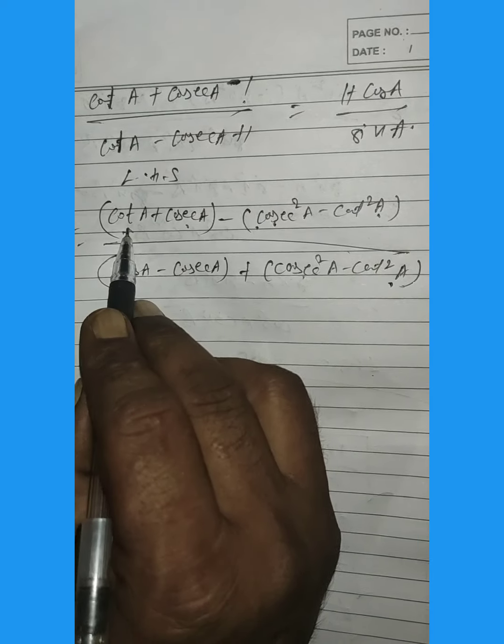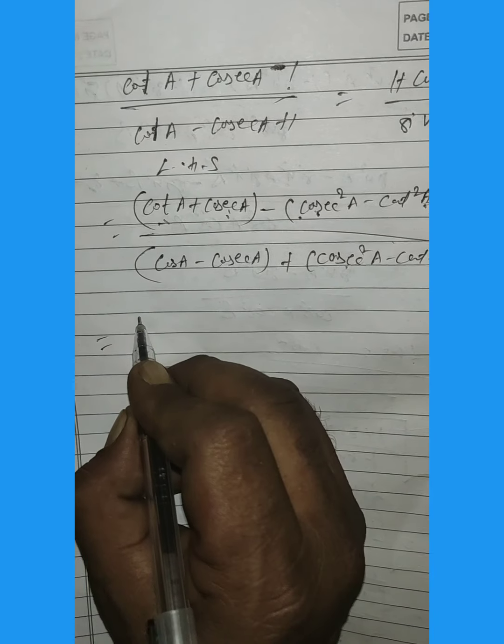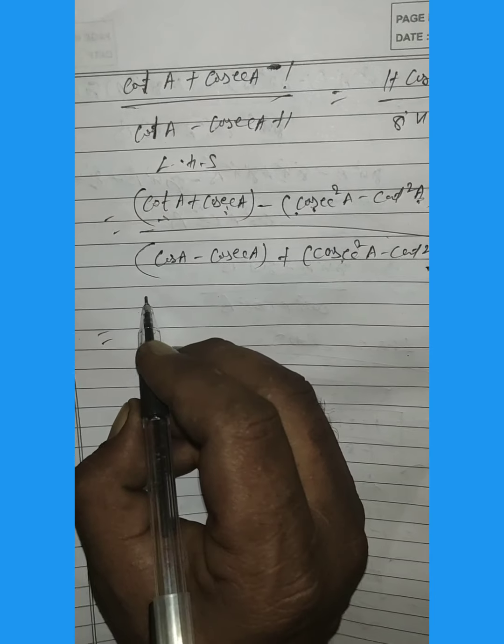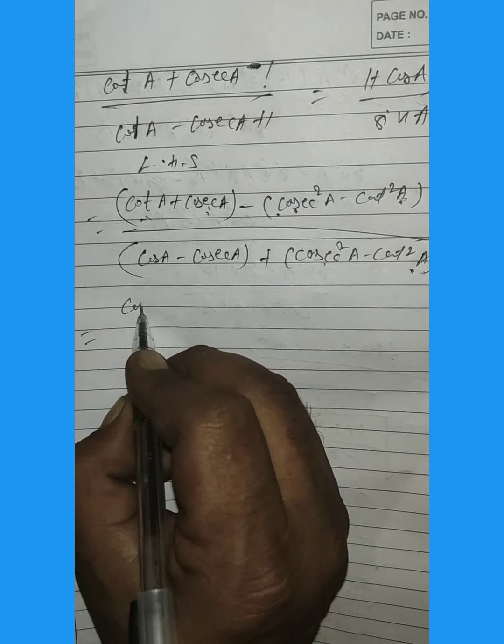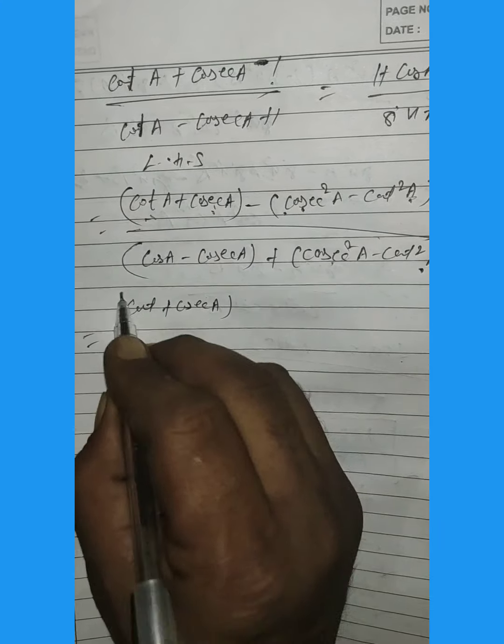So you can take the common (cot A + cosecant A) from the whole one.